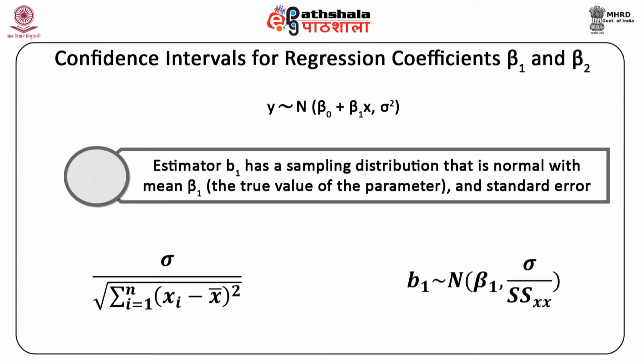That is, b1 is normally distributed with beta 1 as mean and variance sigma square by SSXX, where SSXX is the sum of the squares of x from x only.